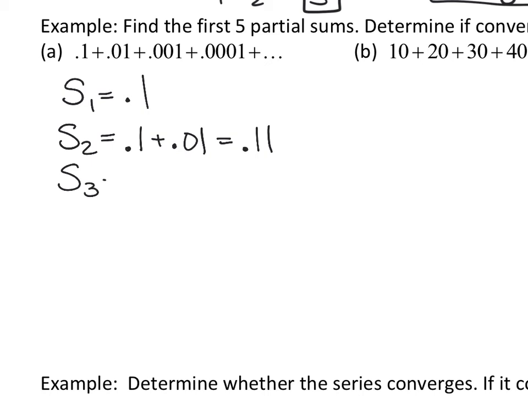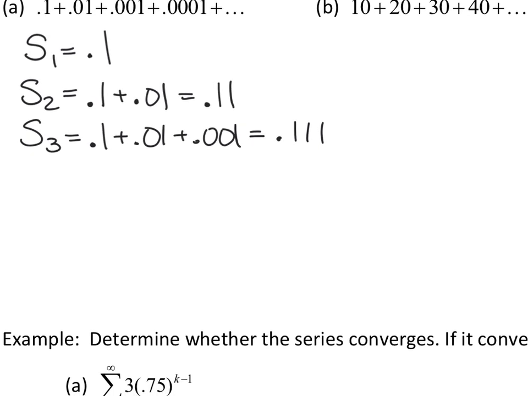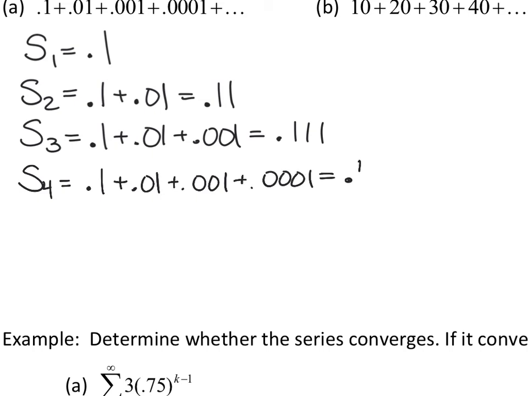The third partial sum just starts adding the next number, which would add up to 0.111. The fourth partial sum, 0.1 plus 0.01 plus 0.001 plus 0.0001 would total to 0.1111.